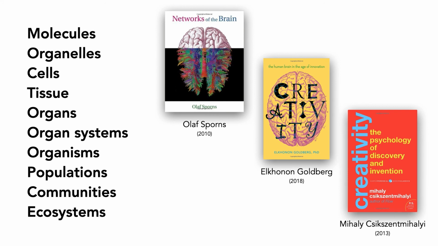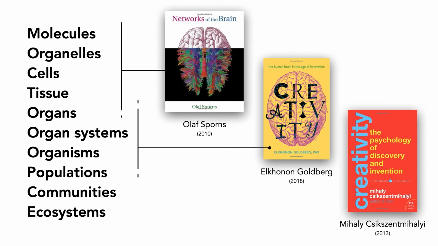One way of defining these aspects is going from a more biological way of structuring where creativity occurs. So we have, for example, Olaf Sporns, a neuroscientist working mainly on the molecular and cellular level.